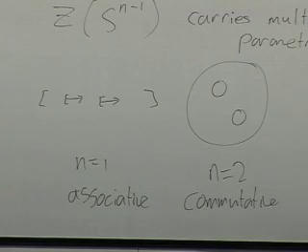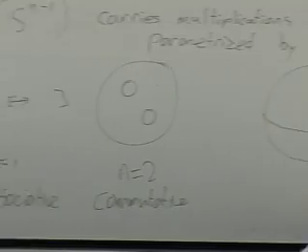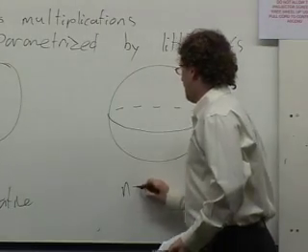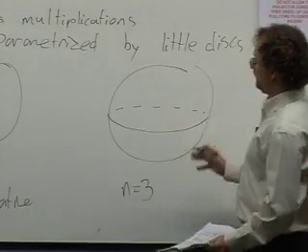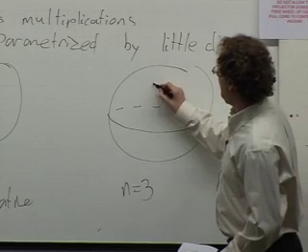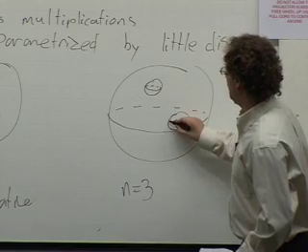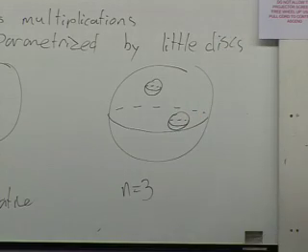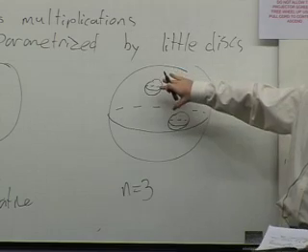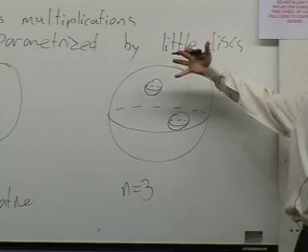And if I looked at n equals 3, well, an n equals 3 version of the pair of pants would be you take a ball in 3 dimensions and you cut 2 smaller balls out of it. So now this is a picture that has 2 incoming S2s and 1 outgoing S2.